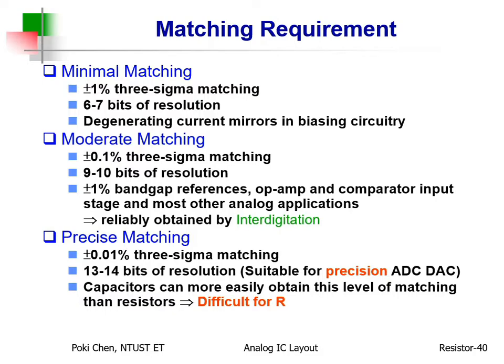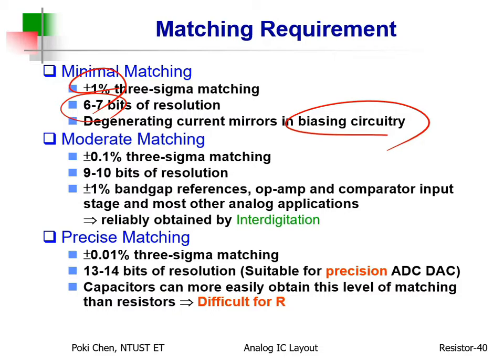For minimum matching, usually just like this, plus or minus 1% for 3 sigma matching. Okay, it means 6 to 7 bits resolution. Anyway, that is only good for a base network. Alright?